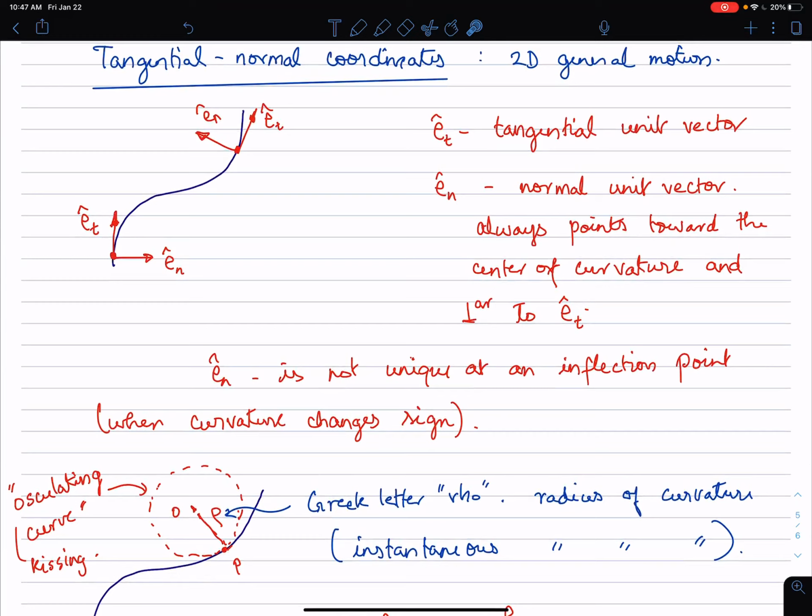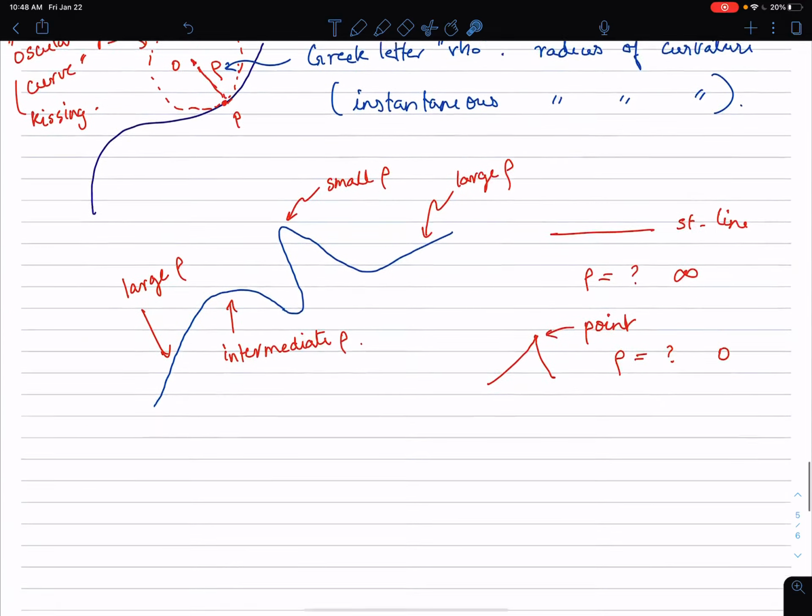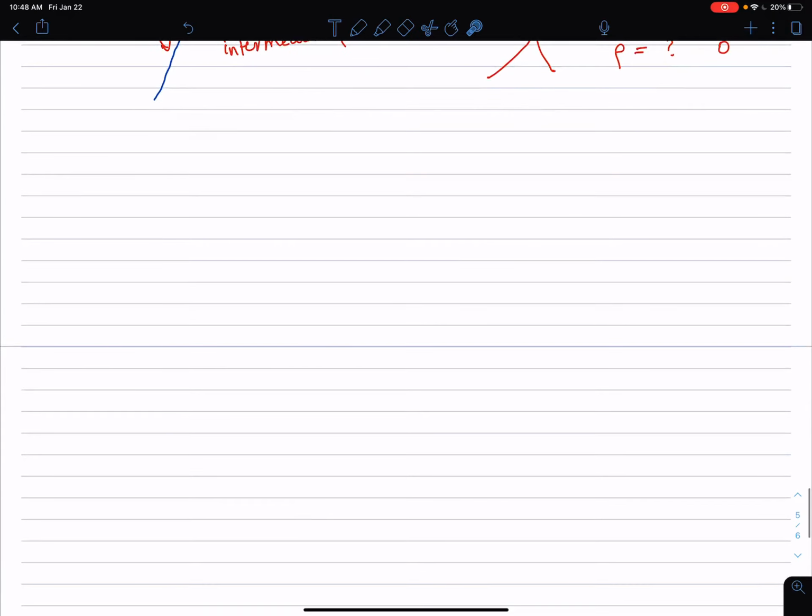Now, the tangential normal coordinates don't really care about position all that much, because the tangent and the normal are more based on the velocity, because there's a direction in which you're moving. So one doesn't try to represent the position using tangential normal. If you really care about position, perhaps tangential normal is not the coordinate system that you want to use.